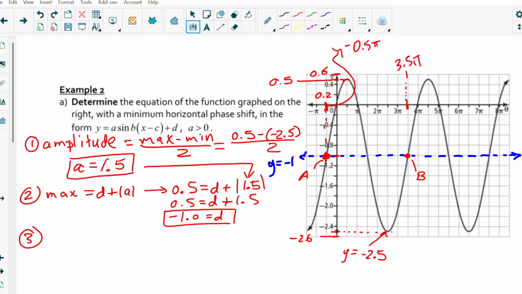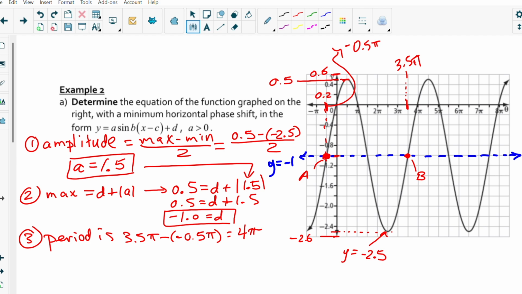What's the distance between those two? That's our period, folks. Okay, so period is 3.5 pi minus negative 0.5 pi. That's the distance. So I have a period of 4 pi.